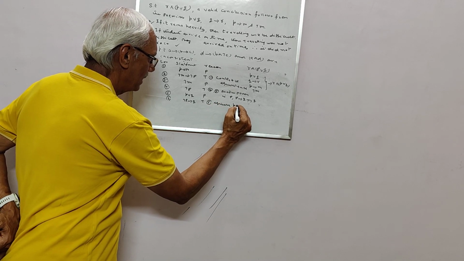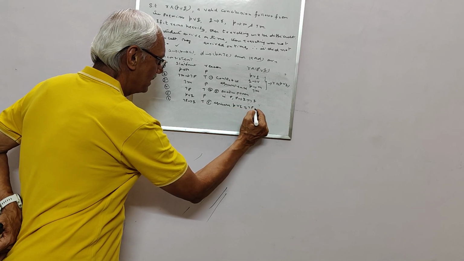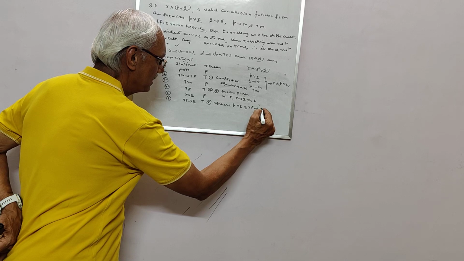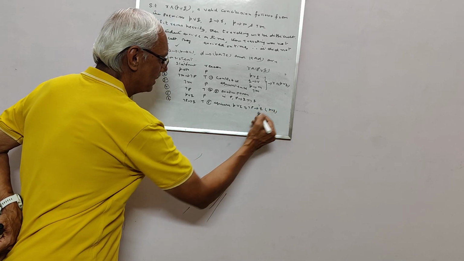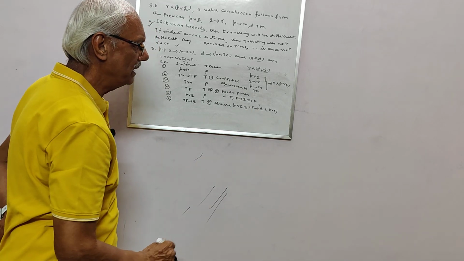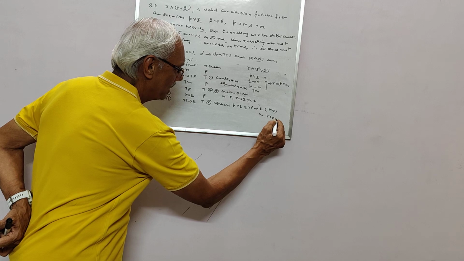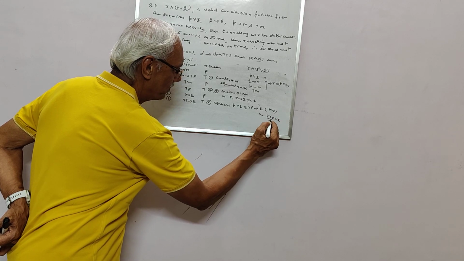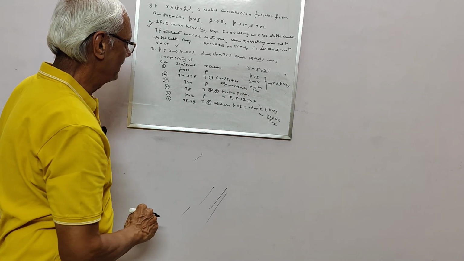P disjunction Q is identically equal to negation P implies Q. What does negation P implies Q equal? It is equal to negation of negation P union Q. This is your P and this is your Q. So instead of this I can write this.